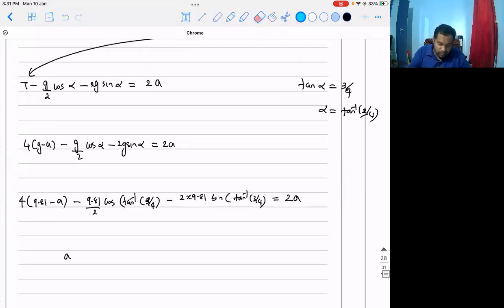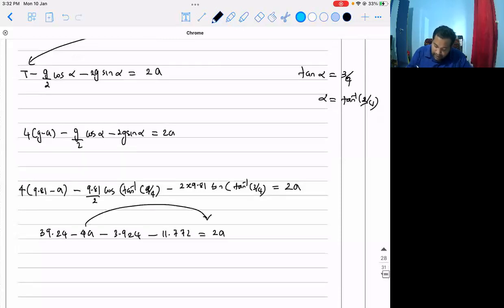Simplify this. Expanding 4 times 9.81, that is 39.24 minus 4a, then minus 3.924 minus 11.772 is equal to 2a.